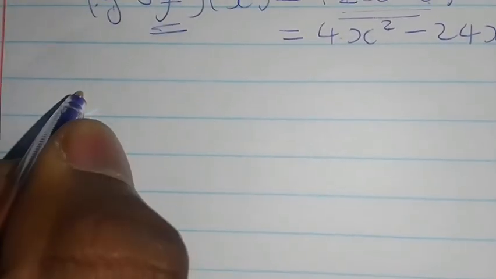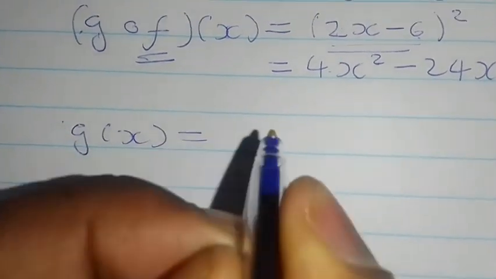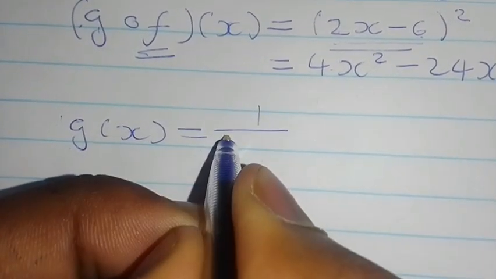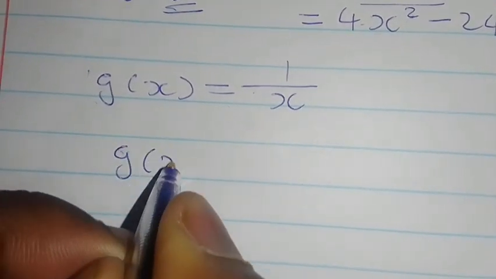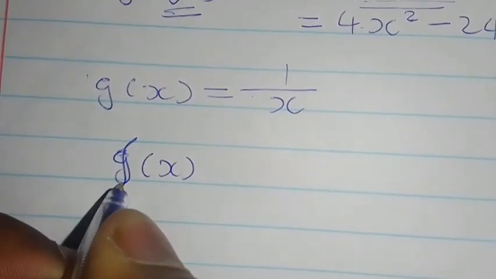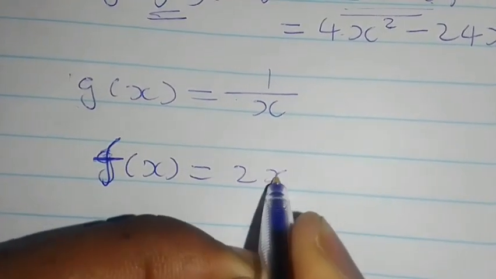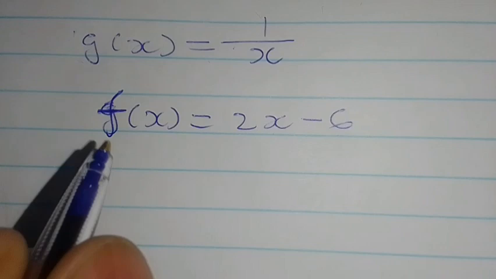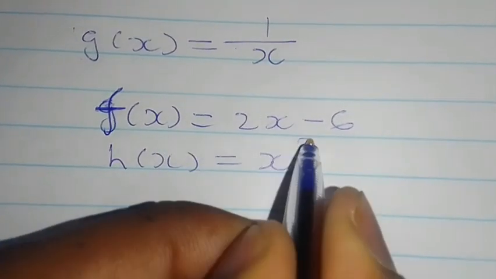Then you can also have something like a hyperbola. G at x equals 1 over x, and then you have a straight line function. Let's call it f of x equals 2x minus 6. And you can have another graph, h at x equals x squared.